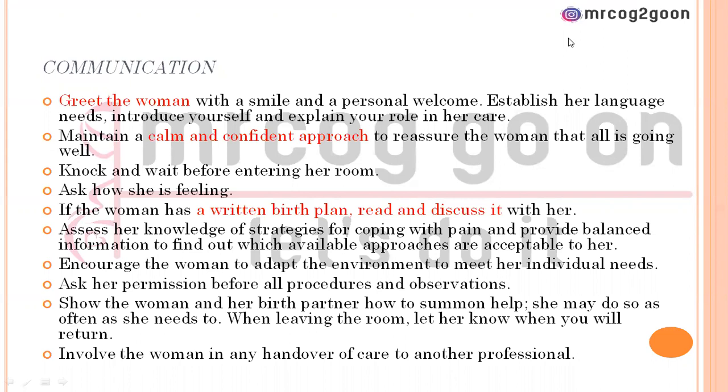So this point is very important. Show the woman and her birth partner how to summon help, like if her water breaks, if she is coming without a rupture of membrane and her membrane ruptures, if there is bleeding, if anything serious happens, how to call for help.